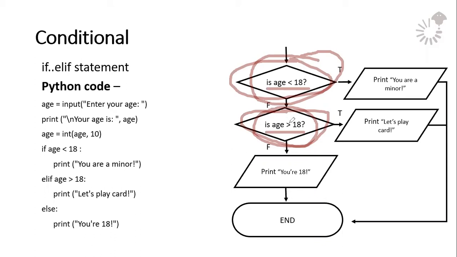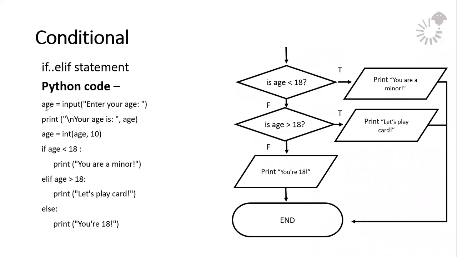ayan, nasa side yung code niya. Here. So age gets input, and then print your age, display the value of age, data type conversion, and then first condition, age less than 18.